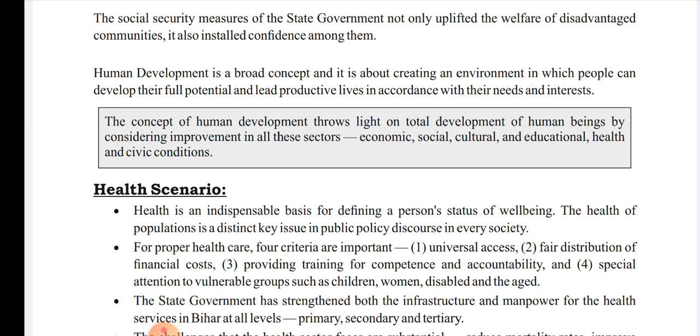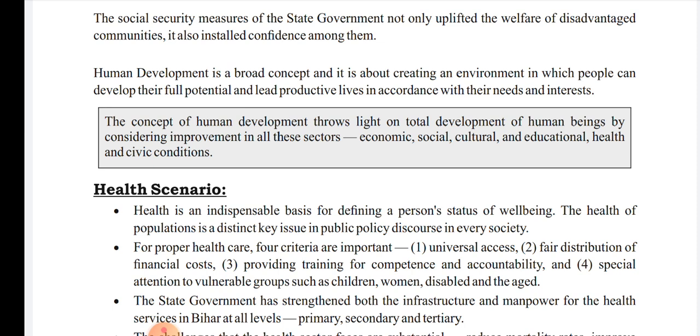For the students who do not know what human development is, please have a look at the concept. It's a very easy and simple concept which talks about how we can assess and create an index so that the development of humans is measured, which is a subjective analysis.